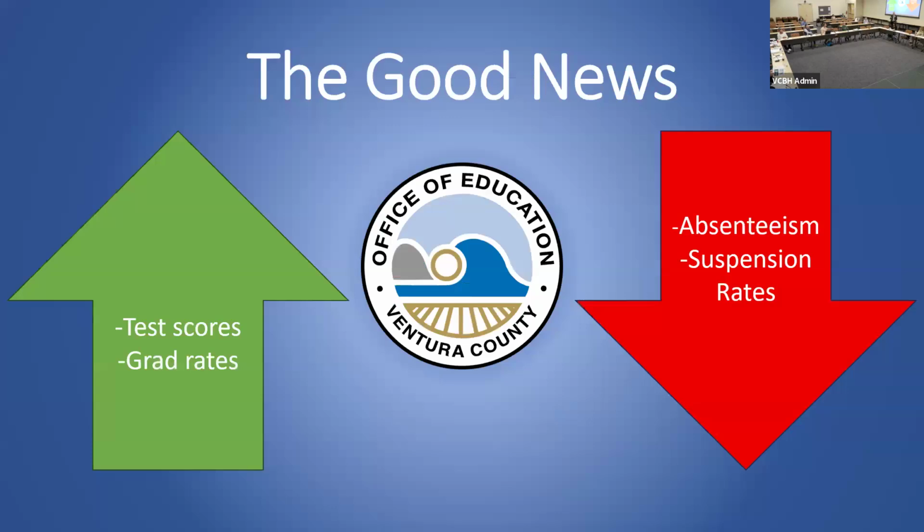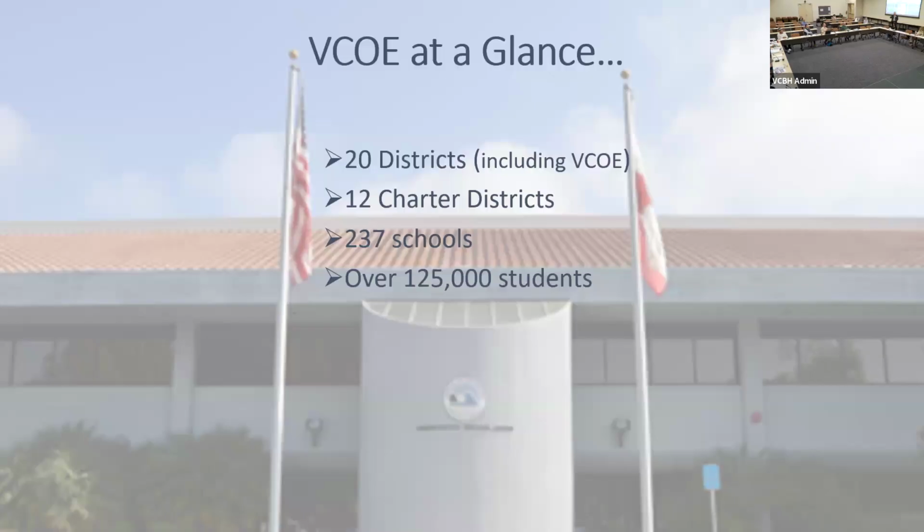Starting with the highest level view, the good news from the VCOE perspective is that test scores and graduation rates are up, and absenteeism and suspension rates are going down, both going in the right direction as we would want. So that's the high level news. Getting on down into some of the more specifics that I want to provide for you as an overview.